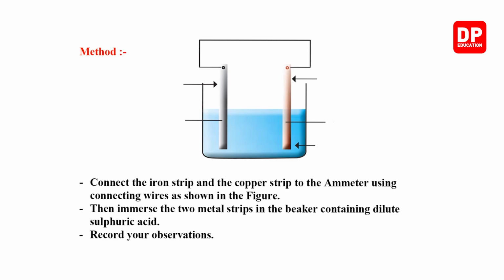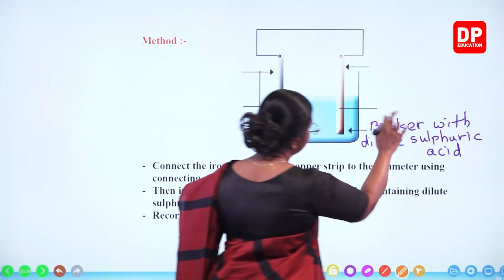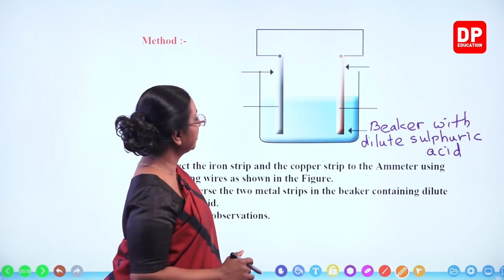So I'll move on to the next slide where I discuss the method again. So the method. Now this is what we do. We have the beaker here with dilute sulfuric acid.